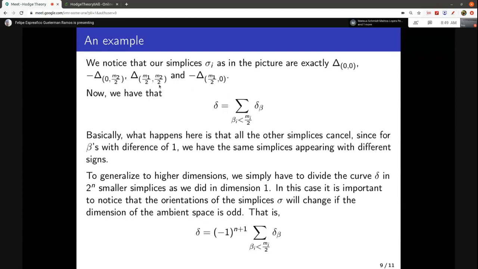Because if we consider delta beta with beta between 0, 0 and m1 over 2, m2 over 2, what happens is that these delta betas, the big deltas, will appear more than one time, because they appear on delta beta, but they also appear on delta beta plus 1, 0, and plus 1, 1, these things.